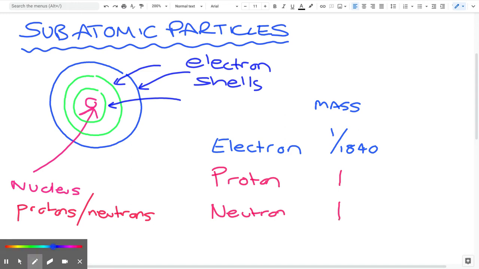Now, the charge on an atom we know is neutral. An atom isn't attracted to an electric field. And we know that is true because the electrons carry the negative charge within an atom, and the protons carry the positive charge within the nucleus itself.